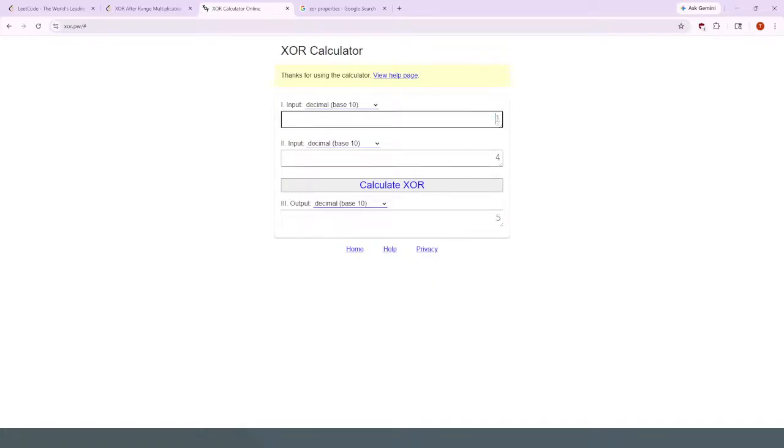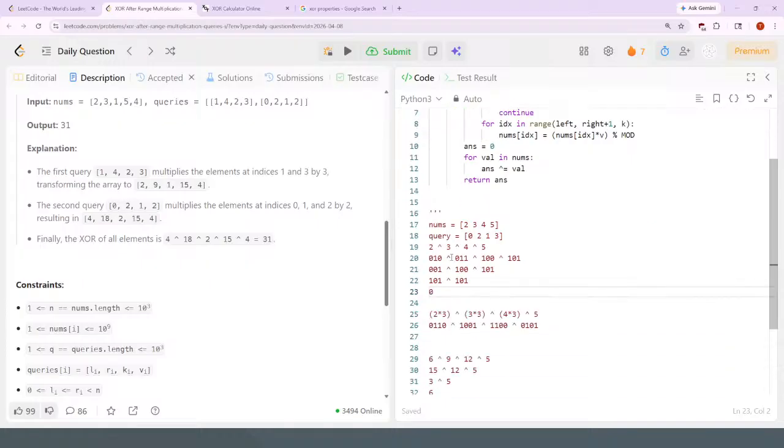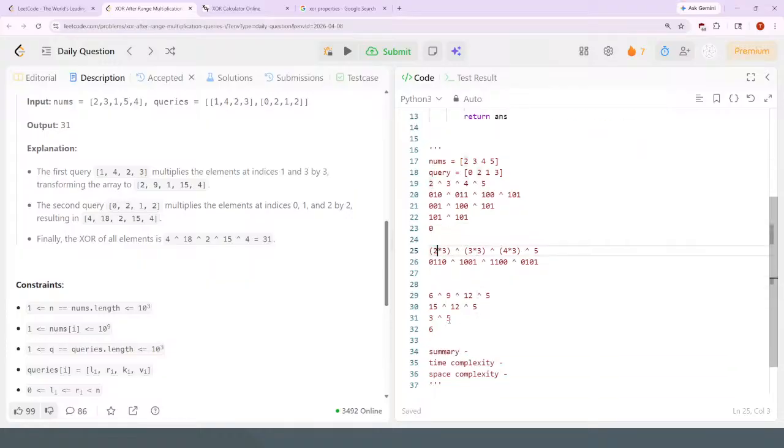Give me 5. Right. So this thing ended up being 6, huh? 3 XOR 5. So let's do this here. This is going to be 1, 1, 1, 1.